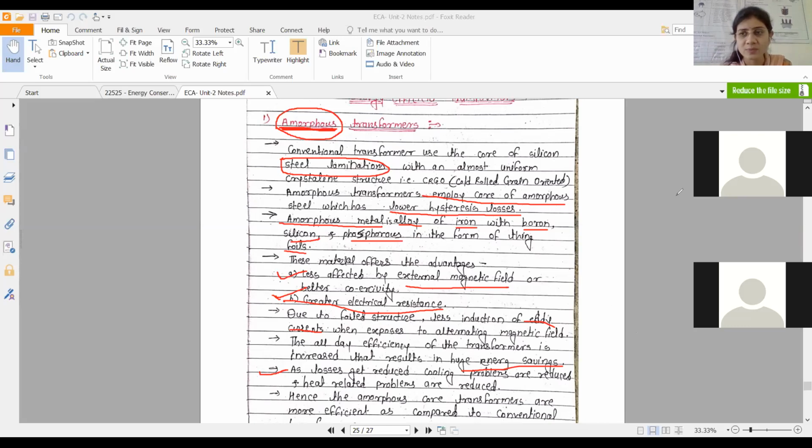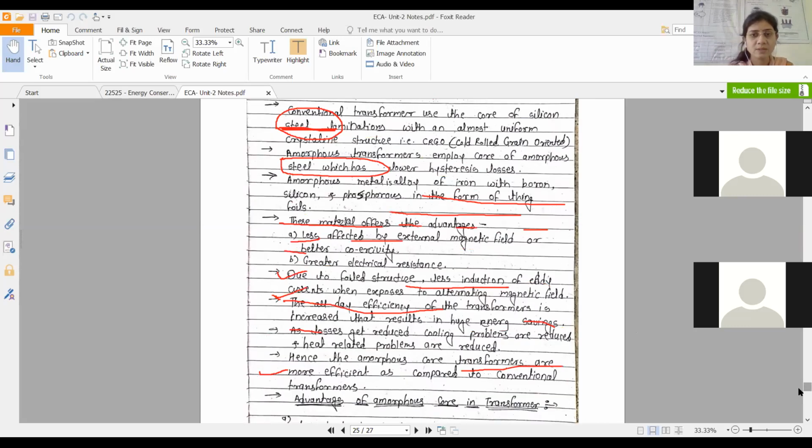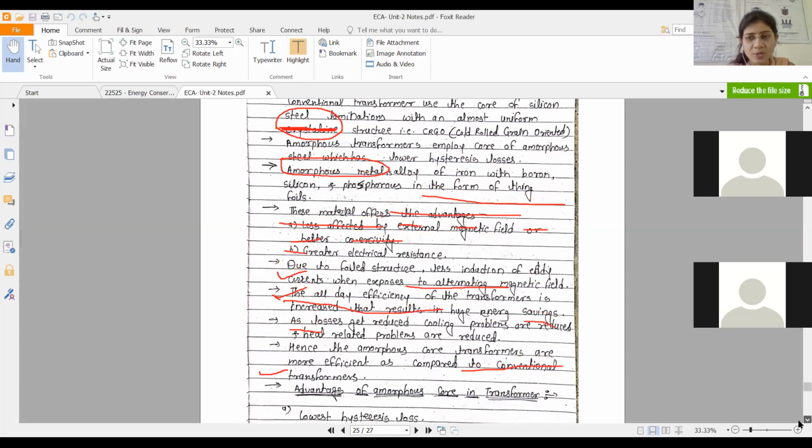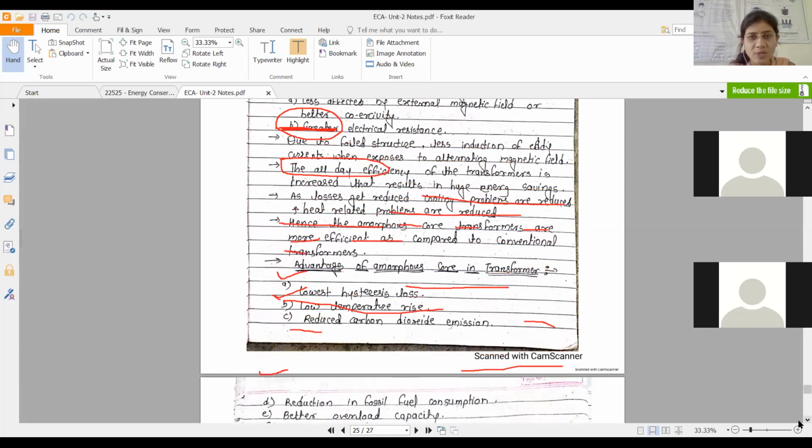Okay, so therefore as compared to the conventional transformer we can say amorphous cores are more efficient. Okay, so this was about the amorphous core transformer. Now we will discuss the advantages of amorphous core.